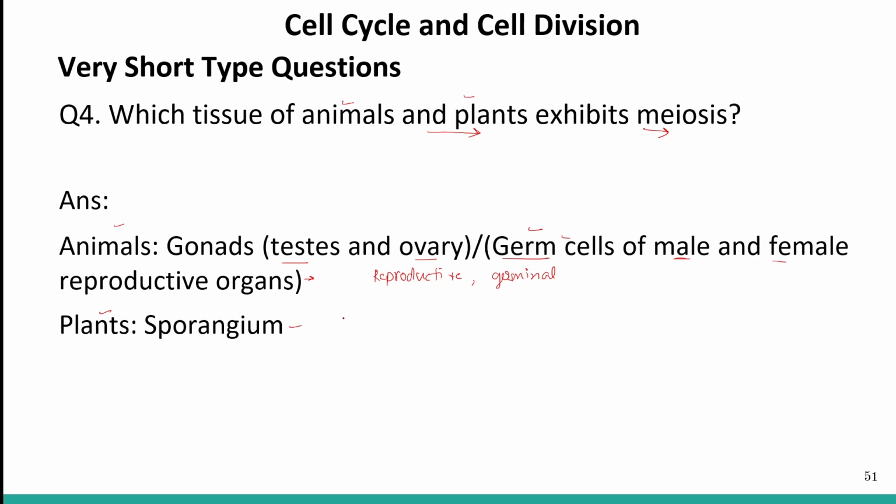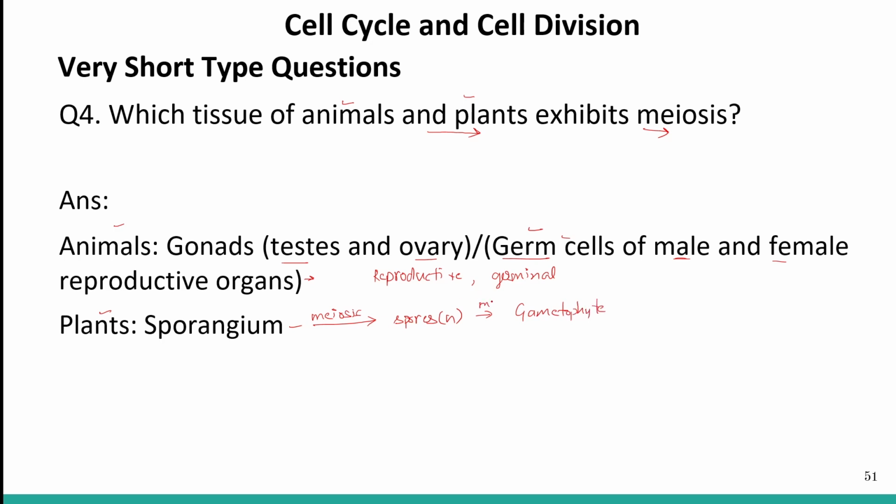Because of meiosis in the sporangium, spores are produced. These spores are haploid and can further give rise to the gametophyte with the help of mitosis.